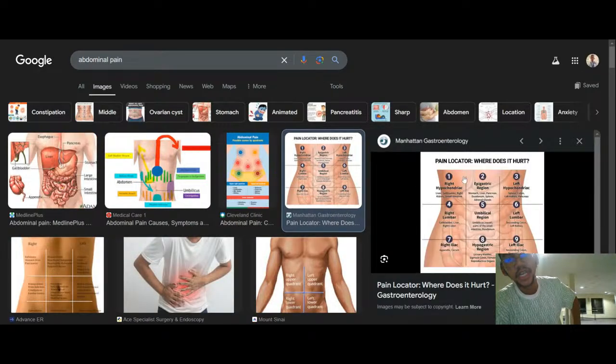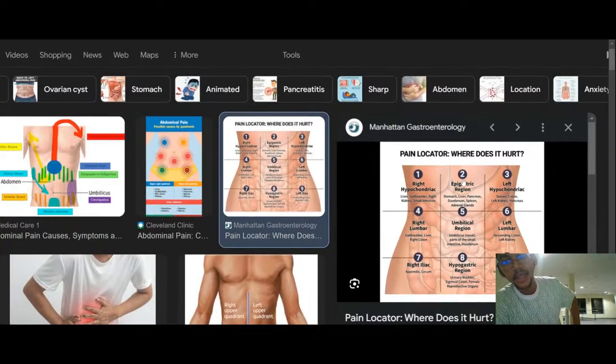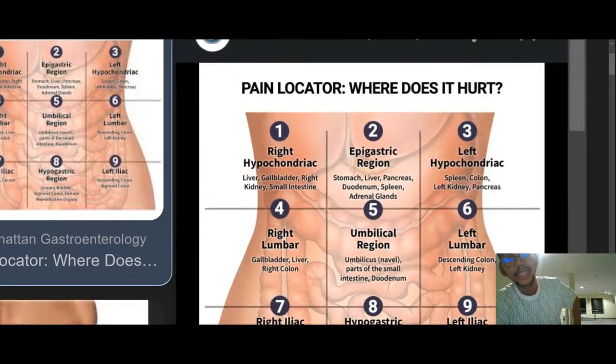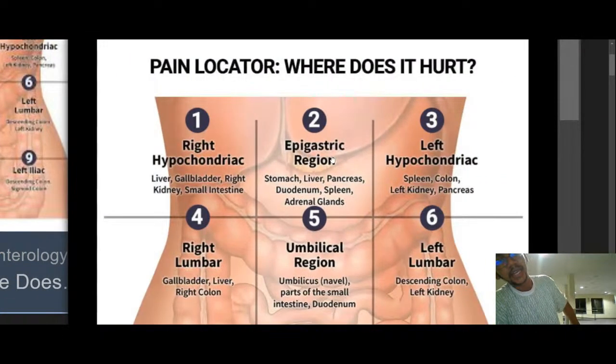The patient now has epigastric pain. The main cause of patients with epigastric pain is pancreatitis. But I think I'll do this in another live.